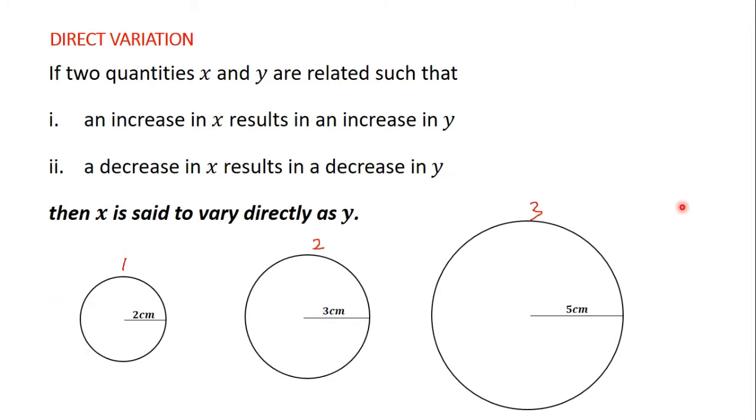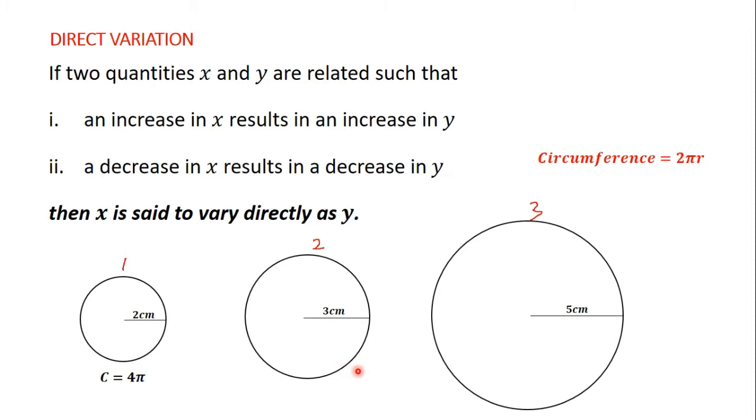From the videos on mensuration, we learned that the formula for finding the circumference of a circle is equal to 2 pi r, where r is the radius of the circle. So for circle 1, the circumference is 2 times pi times r, which is 2 centimeters, and that will give us 4 pi centimeters.